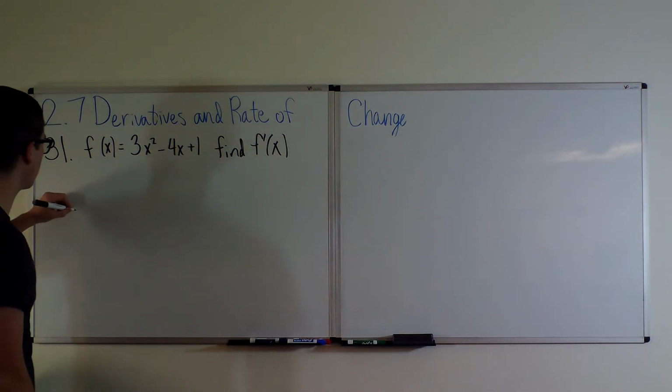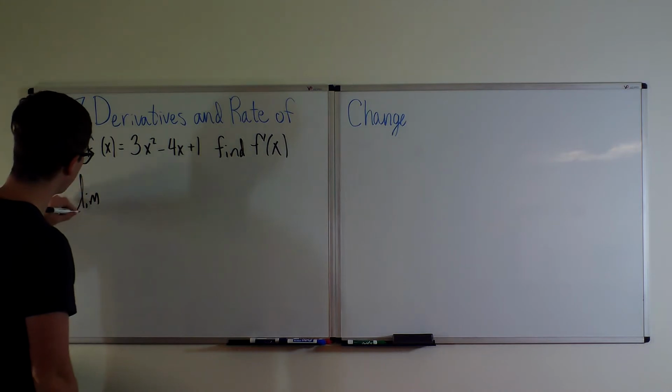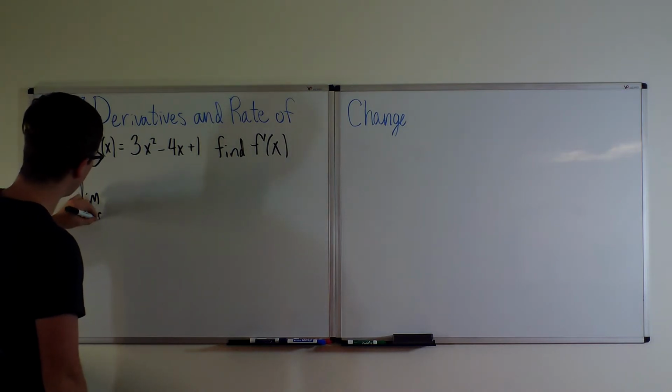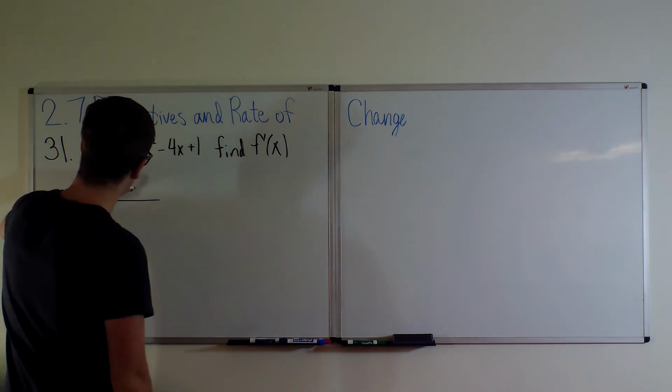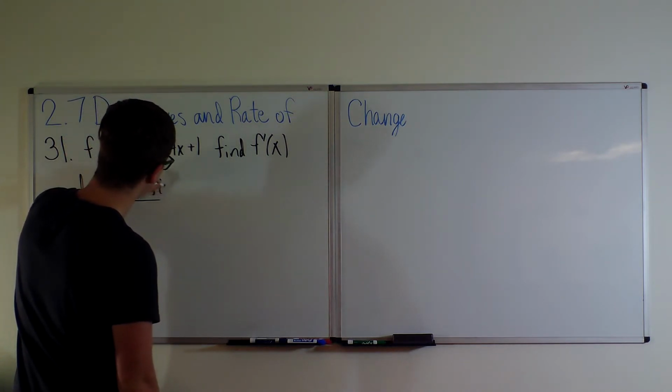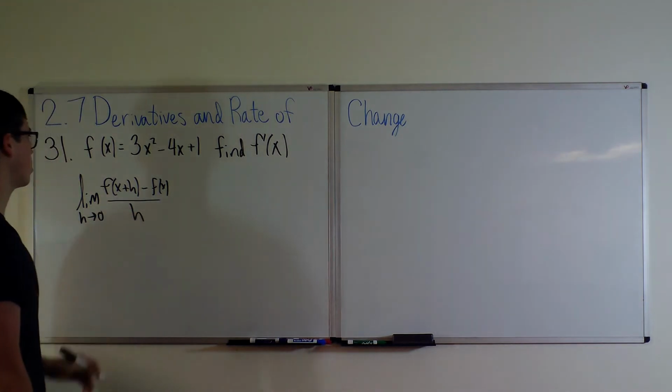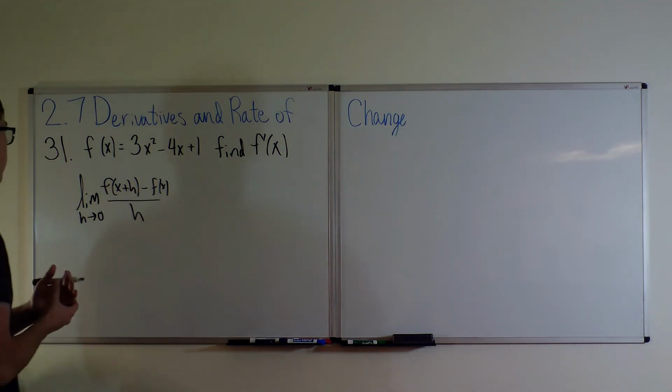So how do we do that? Well, let's first start by writing down our formula. It's getting tiring, but it's the same formula: f of x plus h minus f of x, all over h. And now we plug in the function.